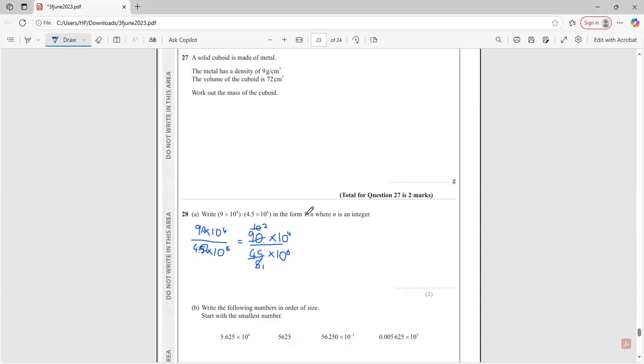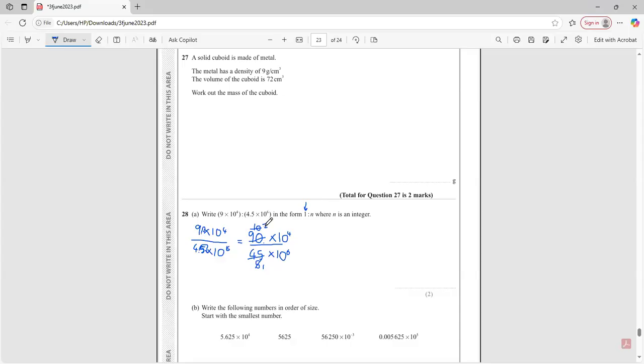Now remember we're aiming to have 1 in the numerator. Just have that at the back of your mind. That's what we're trying to do. We want to make sure that we have the value 1 in the numerator, that's on the left hand side of the ratio sign. So for us to make progress on that, we are going to see how we can take care of these two here.